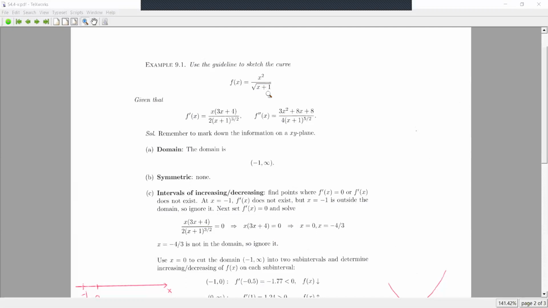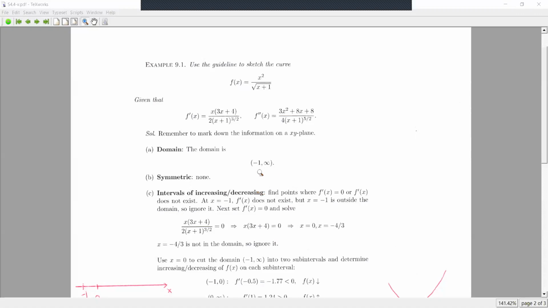Now it is computable. So for any number greater than -1, the function is computable. Therefore, the domain is this interval. The function f has a graph only on this interval.